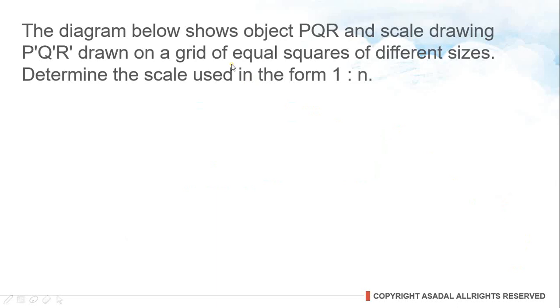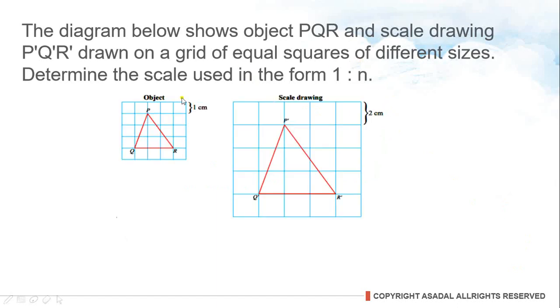Let's see the last example. This is the object and this is the scale drawing. For this question, use the different square grid. Use the same formula, Q'R' over QR.